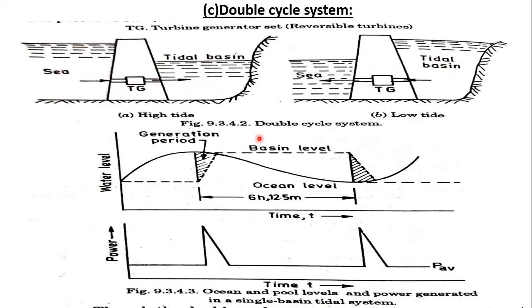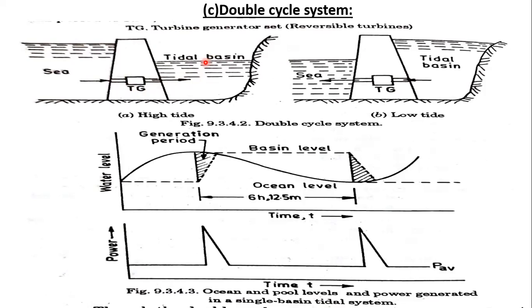So that's why it is called a double cycle system. Single cycle system means only diagram A is applicable: while the sea water is flowing in and the tidal basin is filling, only at that time are we able to generate power. If you can generate power in both ways, it is called a double cycle system.